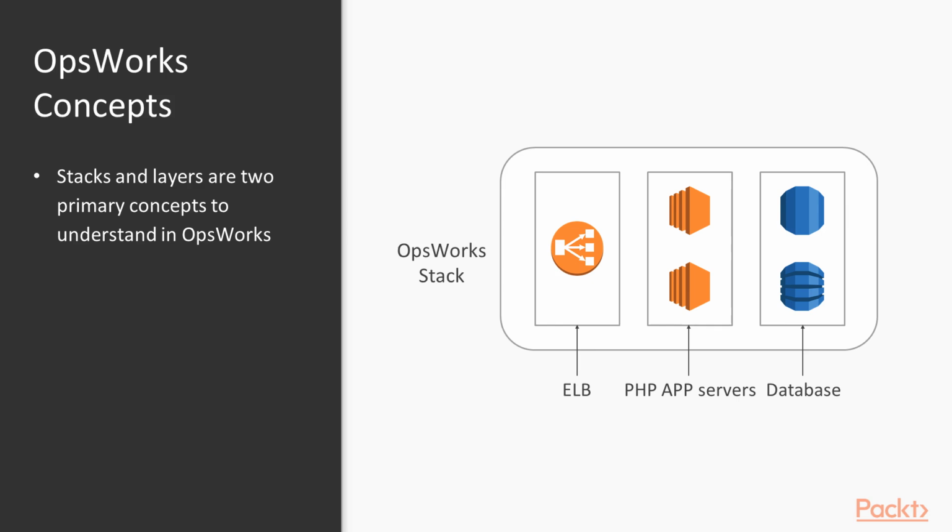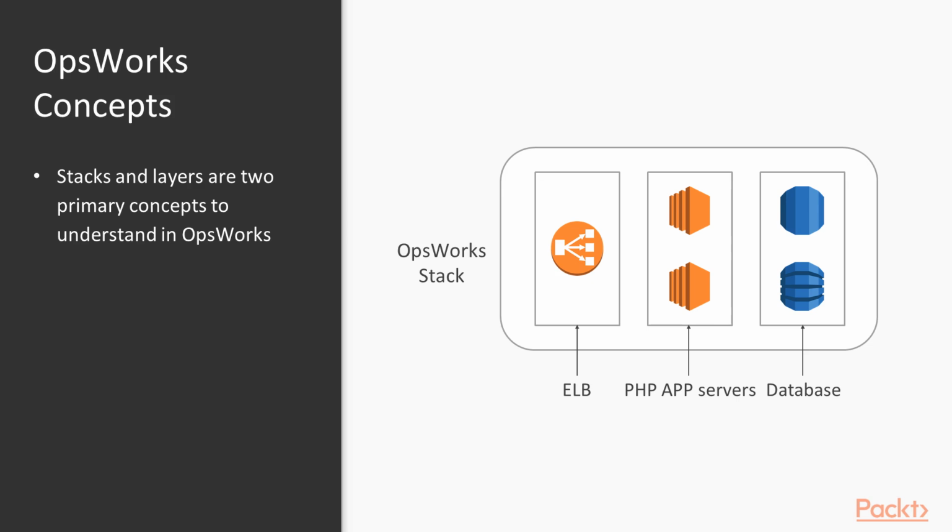The same goes with OpsWorks, where you have a stack and within the stack, you have multiple layers. So you have an Elastic Load Balancer layer, you have a PHP application server layer, you have a database layer. And on each of these layers that you define, you can do various levels of Chef provisioning or various customization. So you need to understand what are stacks and what are layers. These are two primary concepts to understand.